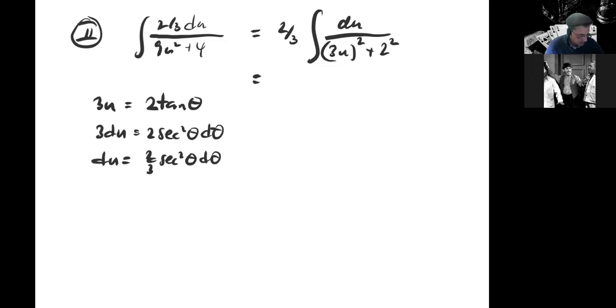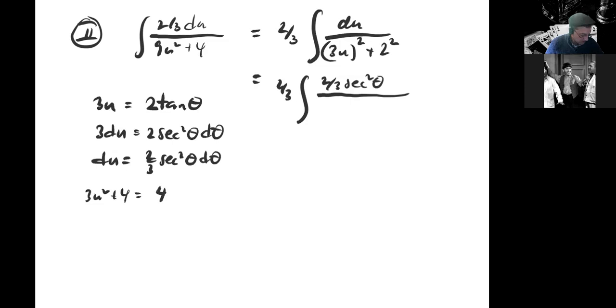And this becomes 2/3 the integral of 2/3 secant squared theta. And now what's on the bottom? Well, (3u) squared plus 2 squared, or 9u squared plus 4, is going to be given by 4 secant squared theta by the trig identity.